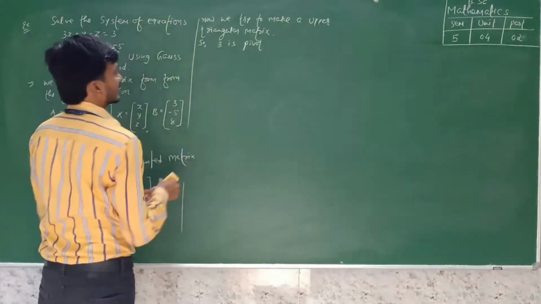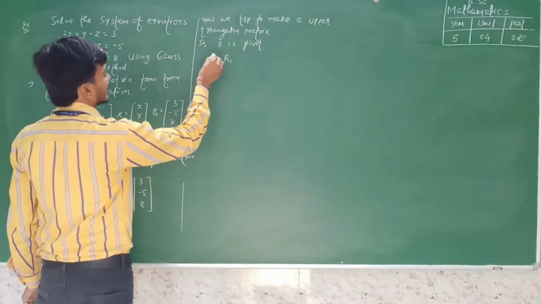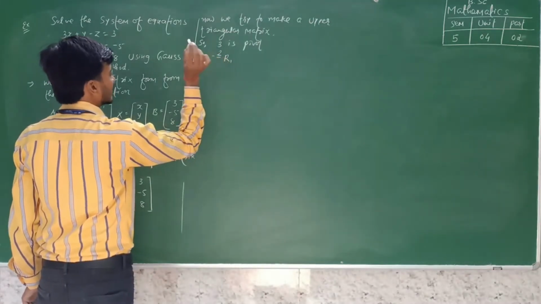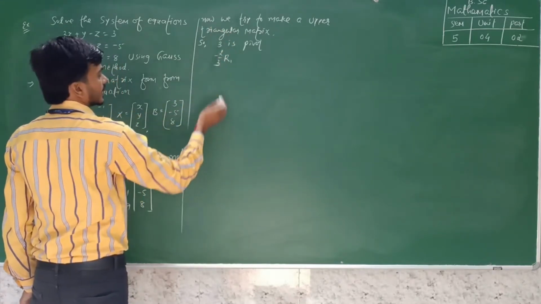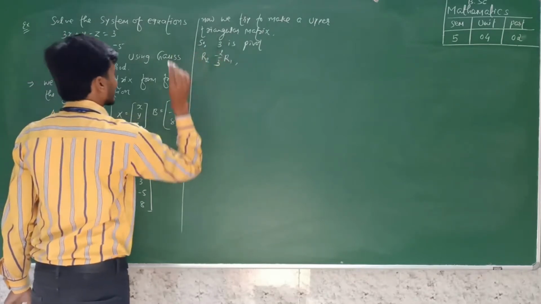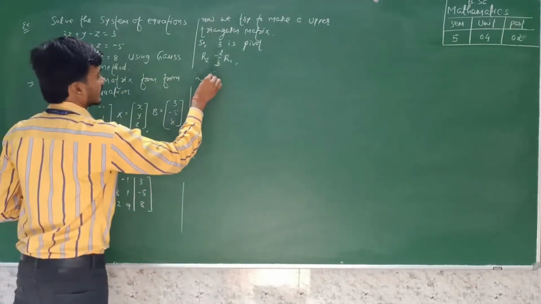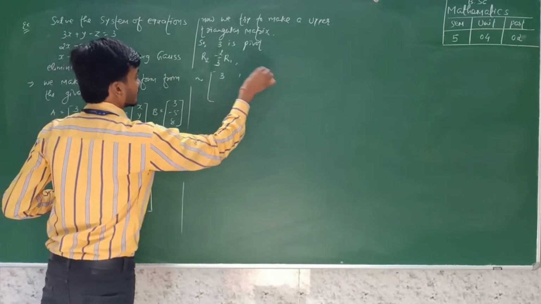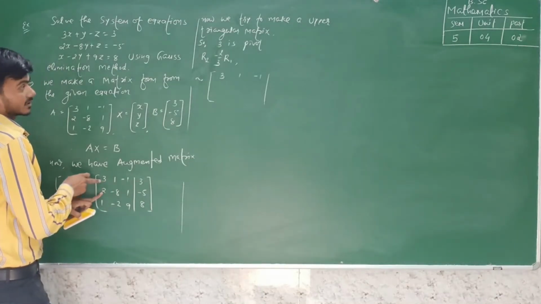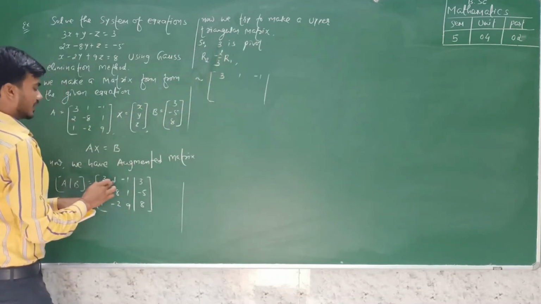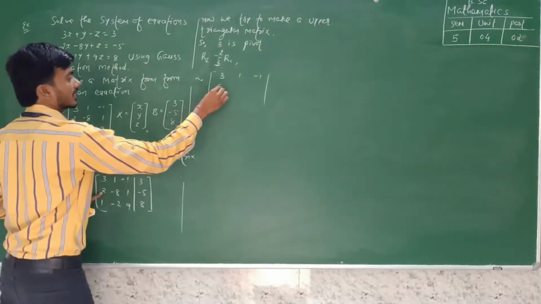We can write this operation as R2 becomes R2 plus minus 2 by 3 times R1. That means each and every element of the first row is multiplied by minus 2 by 3 and added into the second row R2. So this matrix can be written like this: no change in the first row, changes in the second row. The elements of the first row are multiplied by minus 2 by 3: 3 into minus 2 by 3 is minus 2, added to second row, 2 minus 2 is 0.